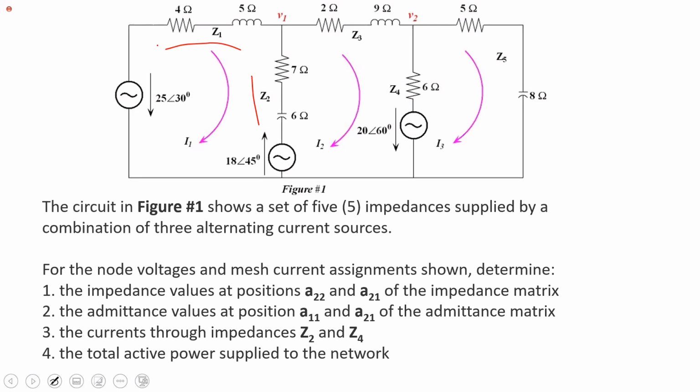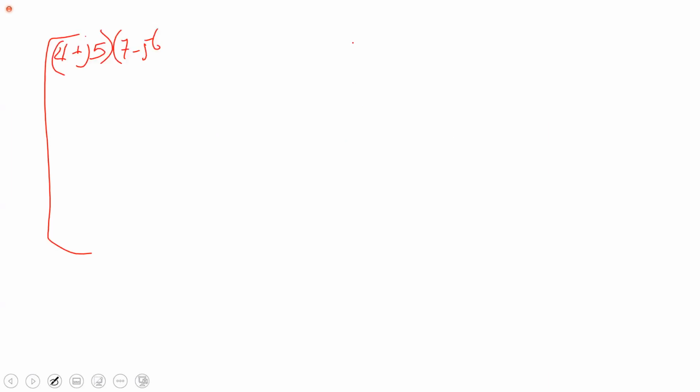And if I do all the leading diagonal elements, here we have 7 minus J6, we have here 6, and up here we have 2 plus J9. So for the middle element, we have 7 minus J6, we have 2 plus J9, and plus, we have 6.